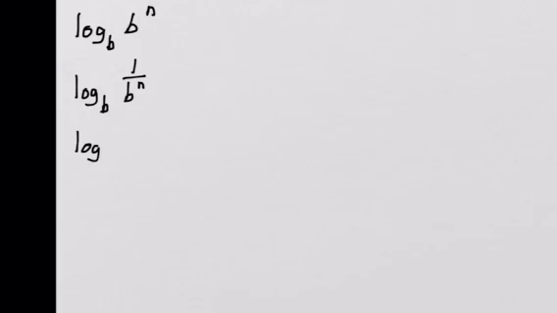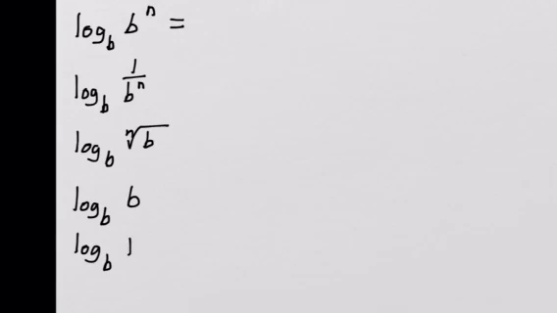And we can talk a little bit about log base b of the nth root of b. And then a couple of special cases that we're going to talk about. Log base b of b and the log base b of 1. So we'll go ahead and look at these piece by piece.